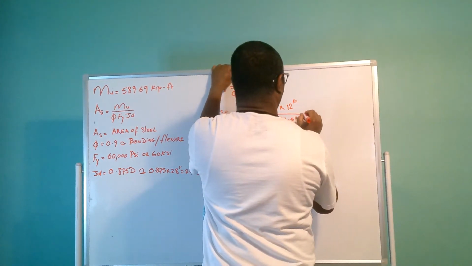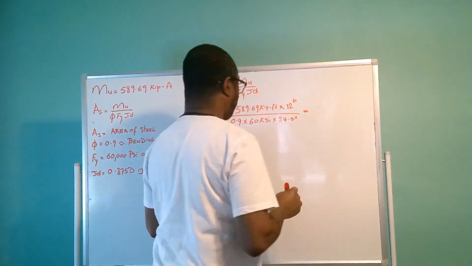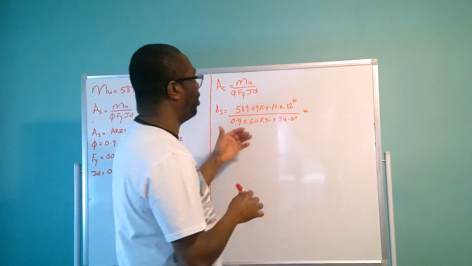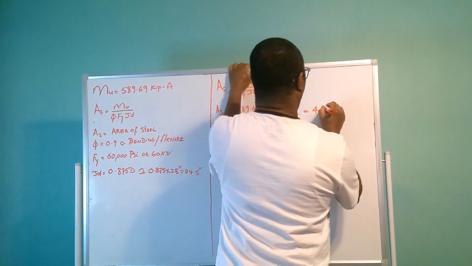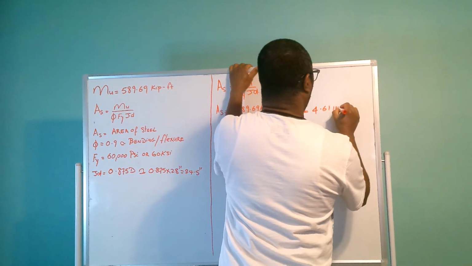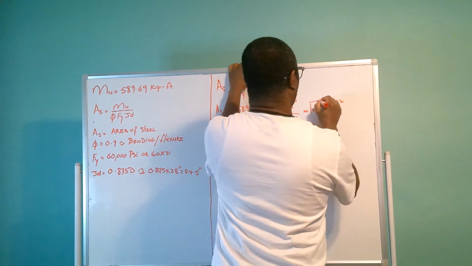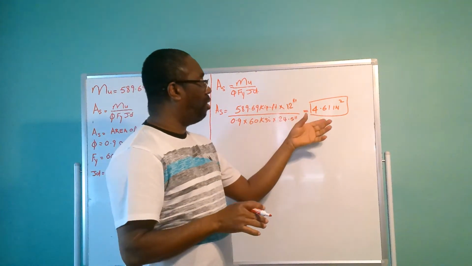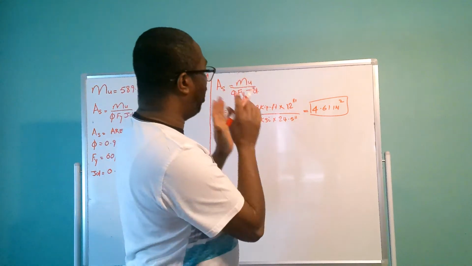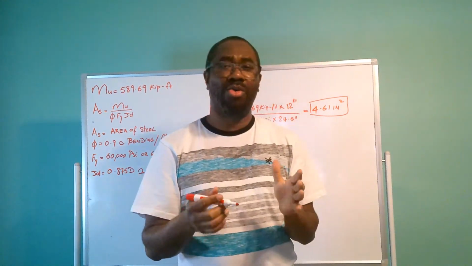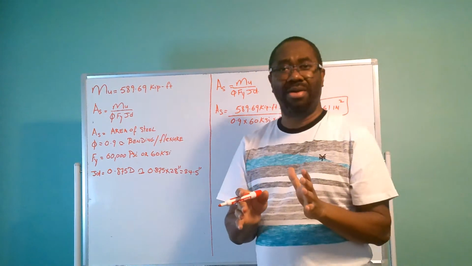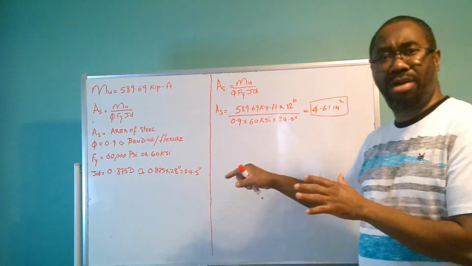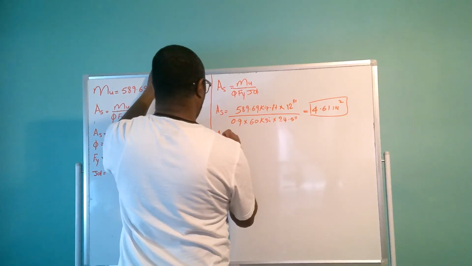Now if you run this in your calculator, you're going to end up with a result of 4.61 inch square. So our area of steel is 4.61 inch square. So we have to now choose a rebar to fill 4.61 inch square of our beam.